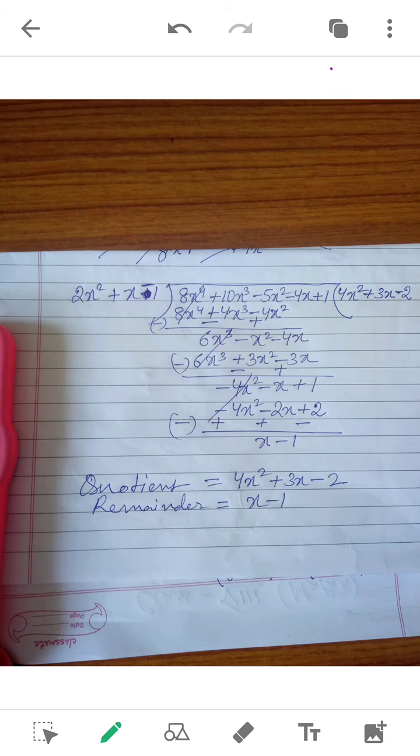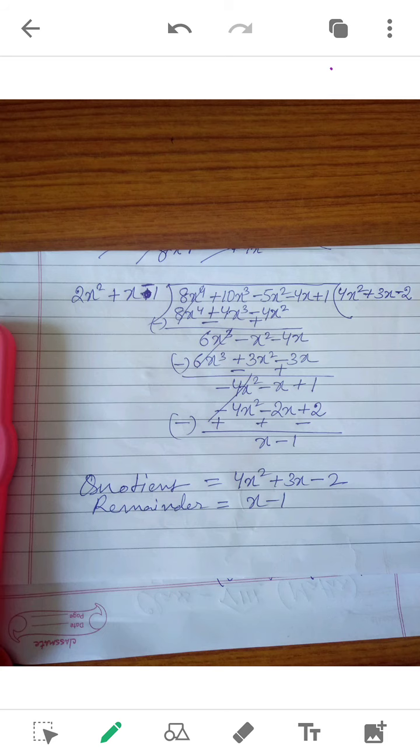So after changing the sign, what am I going to get? Minus x square minus 3x square is minus 4x square. And 6x cube minus 6x cube is 0, that automatically cuts down. Now minus 4x plus 3x will give you minus x, and plus 1 will come down.